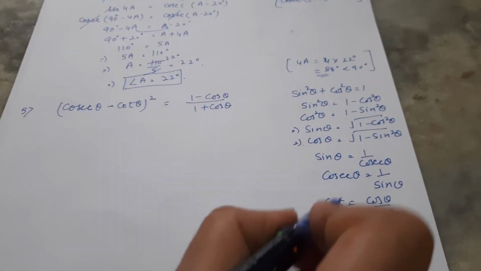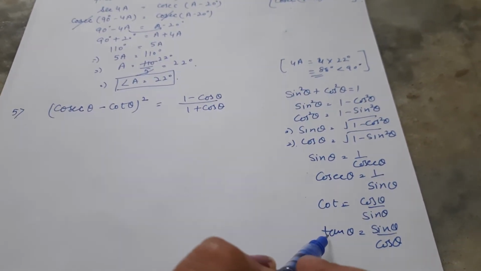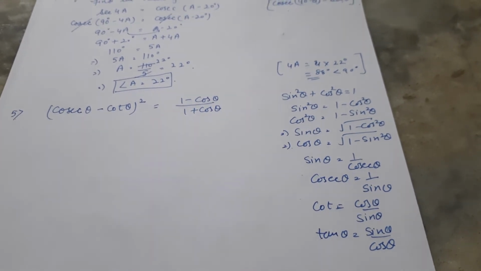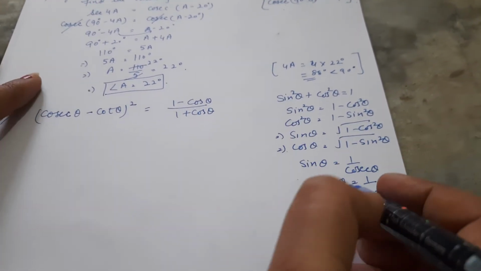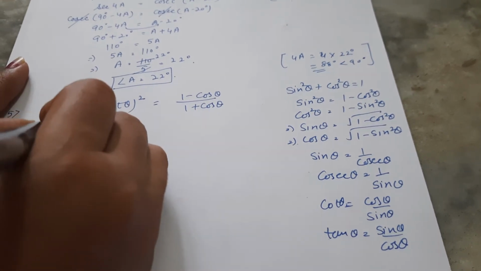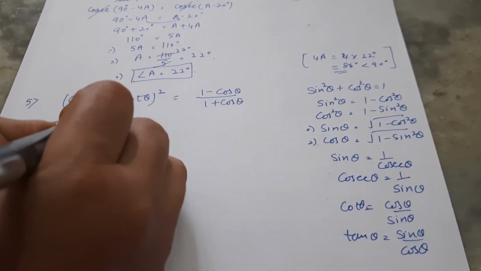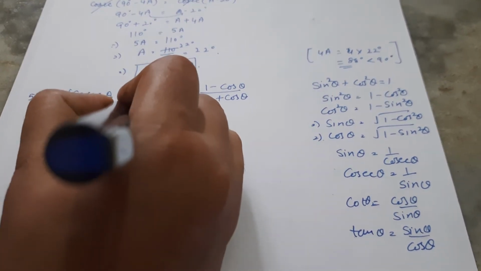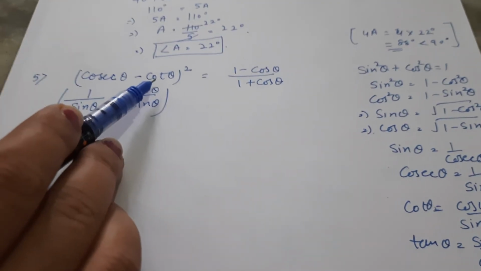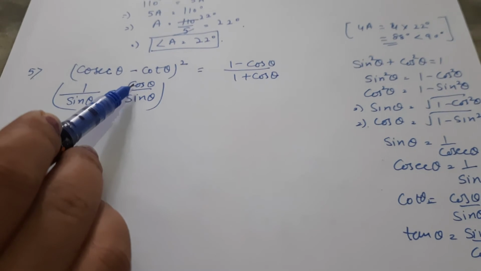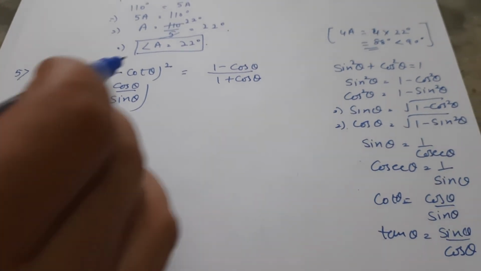So tan is the reciprocal of cot, and cot is the reciprocal of tan. So we can write cosecant theta is equal to 1 upon sin theta, and cot theta is equal to cos theta upon sin theta. So we can put the values here.